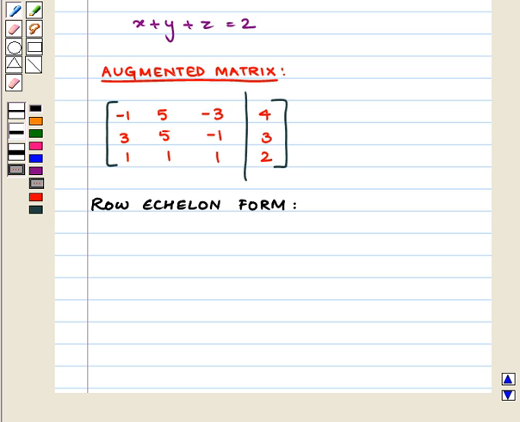Now we reduce it into row echelon form using elementary row operations. For this, we have to make all entries below the first non-zero entry in that column 0 and the leading entry should be 1. We start with the first row.